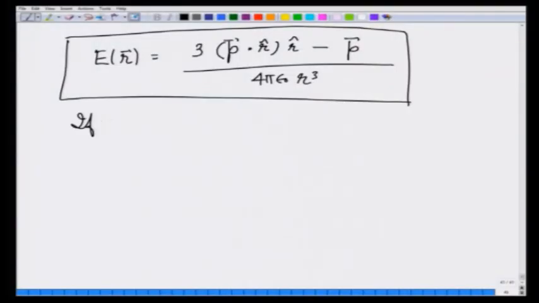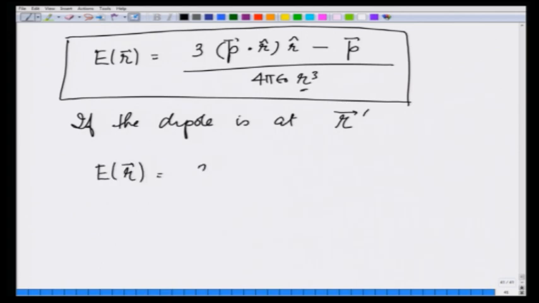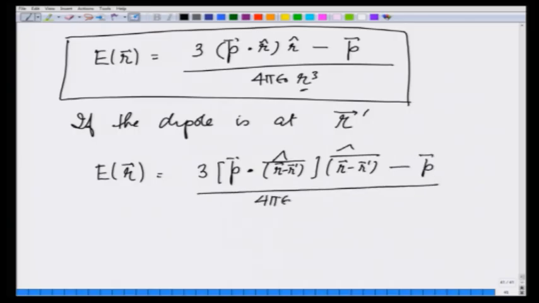If the dipole is at, let us say, some point r prime, then this r would represent the distance from that point, and E at r is going to be 3 p dot unit vector in the direction of r minus r prime, minus p divided by 4 pi epsilon 0 r minus r prime cubed, which explicitly I can also write as 3 p dot vector r minus r prime multiplied by vector r minus r prime.